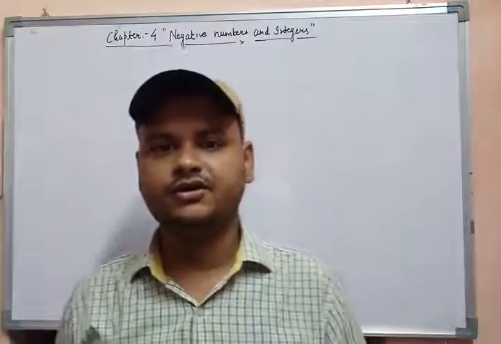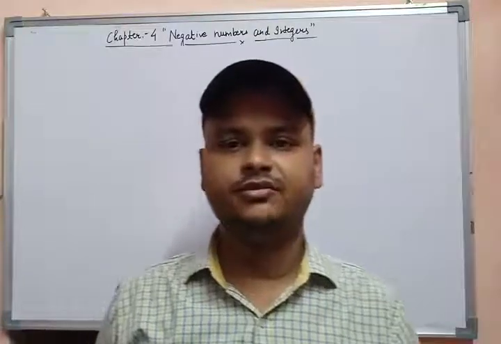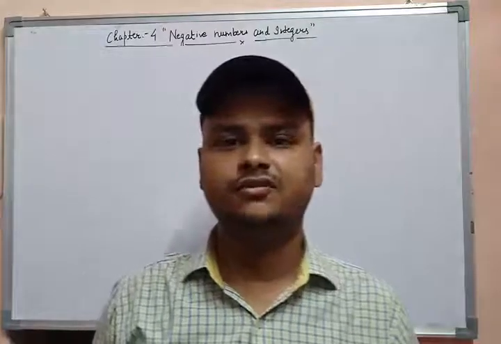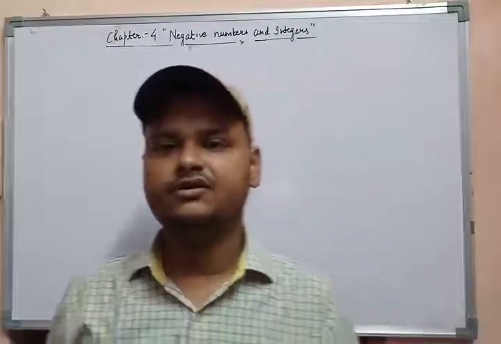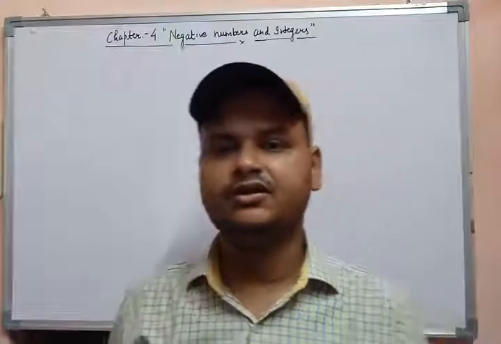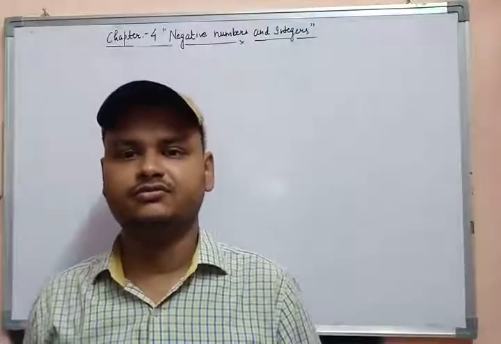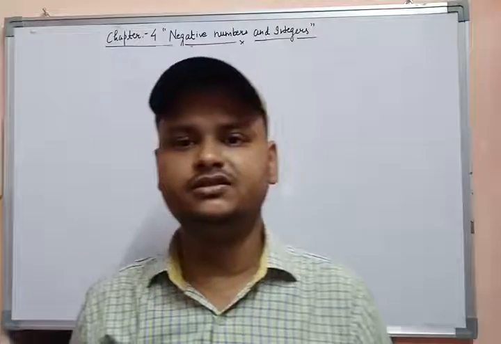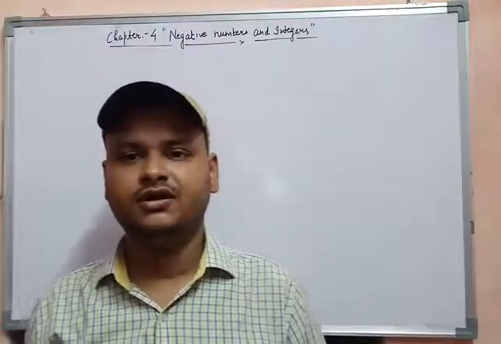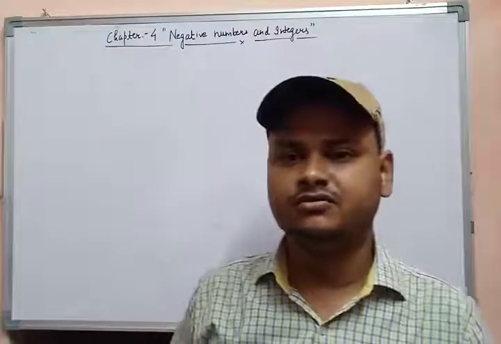So you have studied the concept of numbers, natural numbers and whole numbers. Today we will explain what the numbers are which are less than 0. A number which is less than 0 is called a negative number. Okay, so let's start.